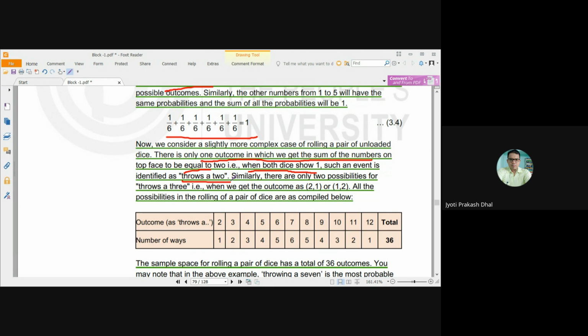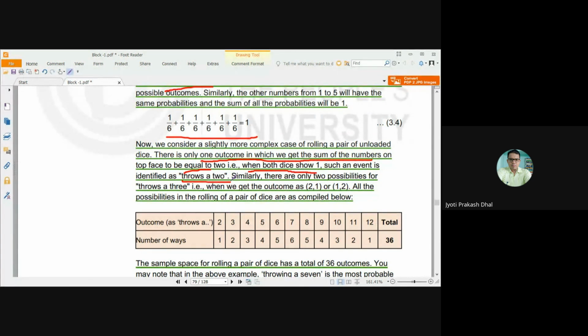That means if both the dice show 1, then the event will be identified as throws of 2, because here we are rolling a pair of dice. If we want the sum of the numbers on the top face to be equal to 2, then there is only one possibility, when both the dice show 1.